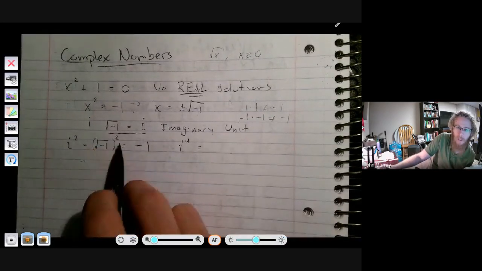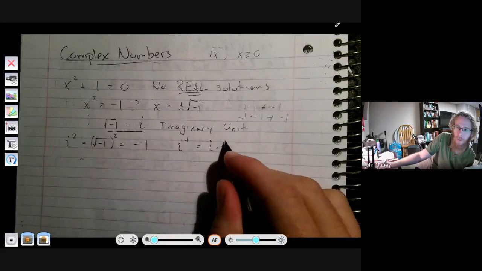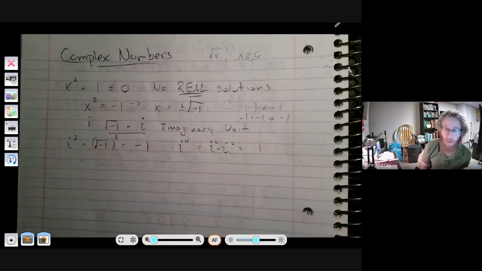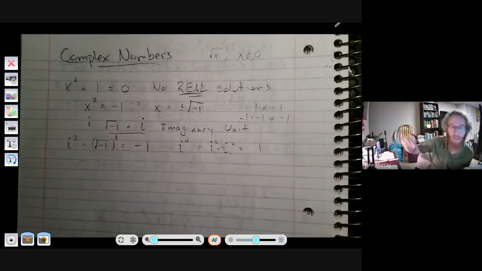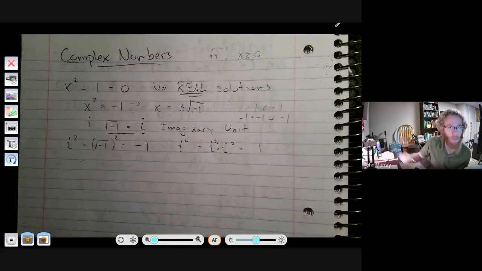Well, if i squared is -1, that would be i squared times i squared, which would be +1. And then it's periodic, it's cyclical. So i to the 5th would just be i, i to the 6th would be -1, i to the 8th would be +1, and it would just keep repeating like that.